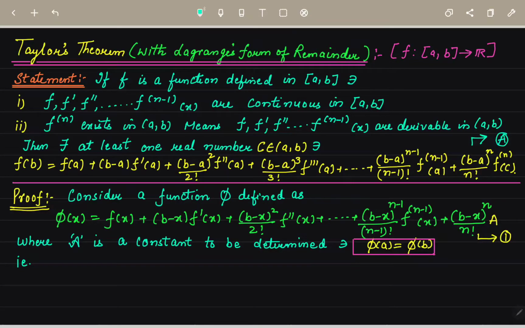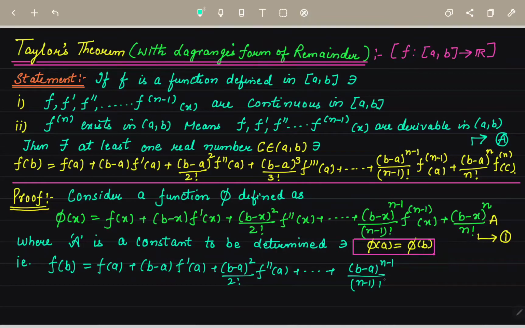From equation A, we know that when phi of a is equal to phi of b, then we have f of b is equal to f of a plus (b minus a) f dash at a plus (b minus a) whole square divided by 2 factorial into f double dash at a, and so on up to (b minus a) whole raised to the power n minus 1 divided by n minus 1 factorial into the n minus 1 derivative at a, and the last term will be (b minus a) whole raised to the power n divided by n factorial.